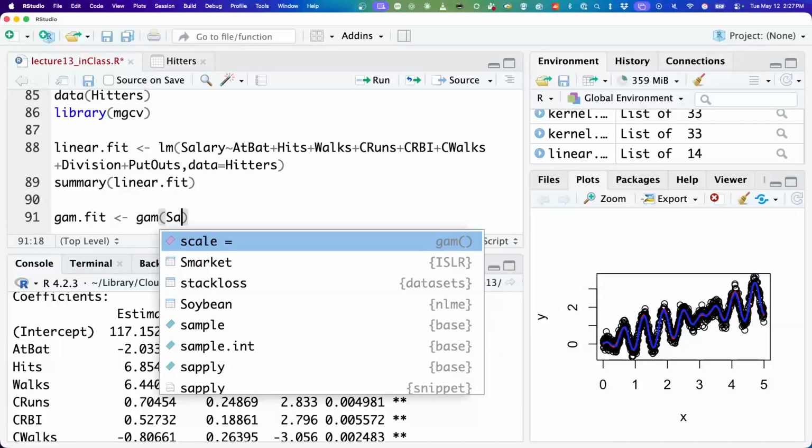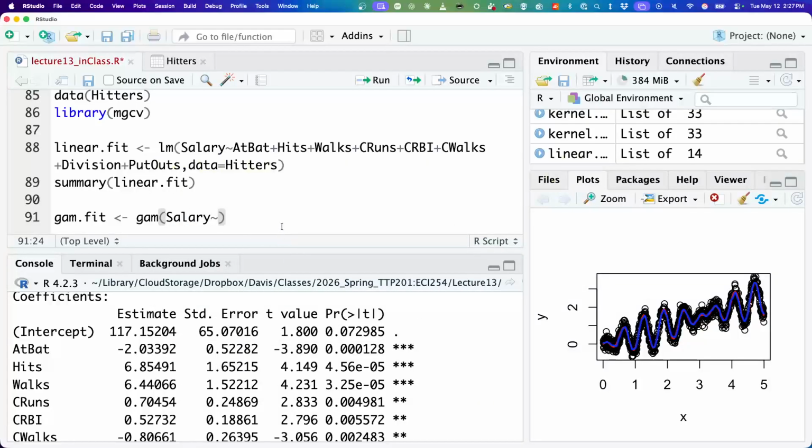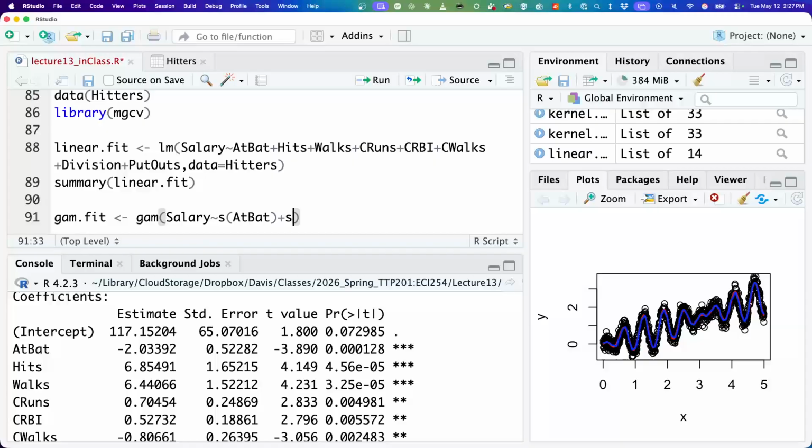So what I'm going to do here is, in the GAM, we set it up the exact same way, except that I can put in an S around each of our variables that we're interested in adding the smooth spline to. So let's do that, to every single continuous variable.